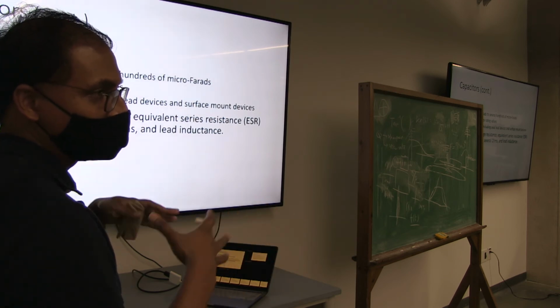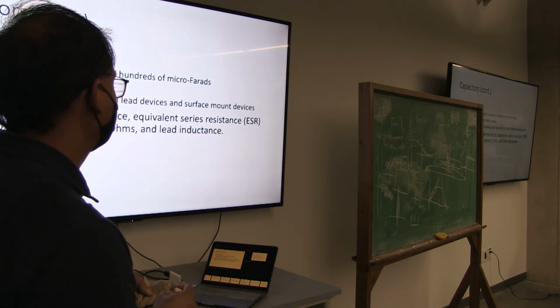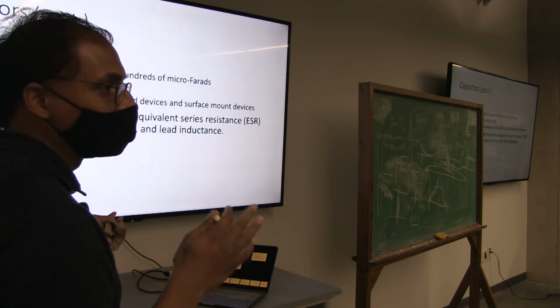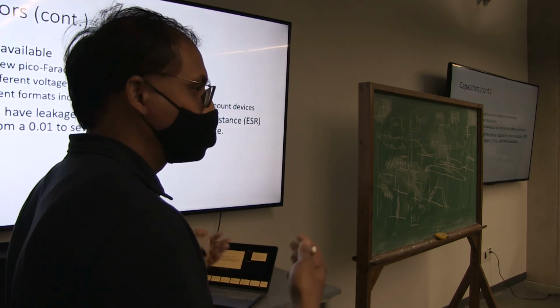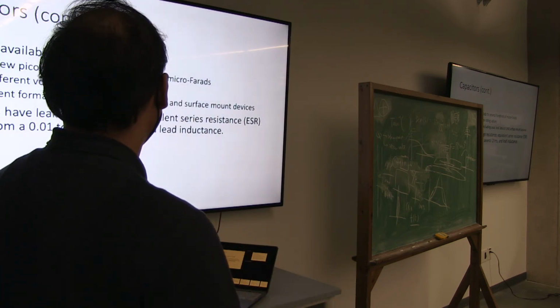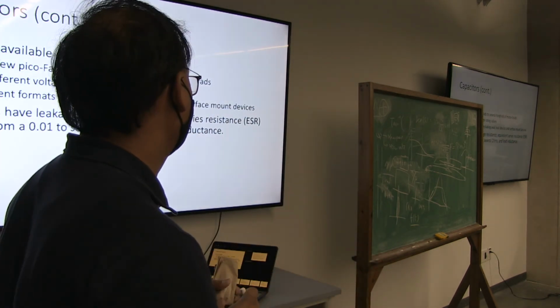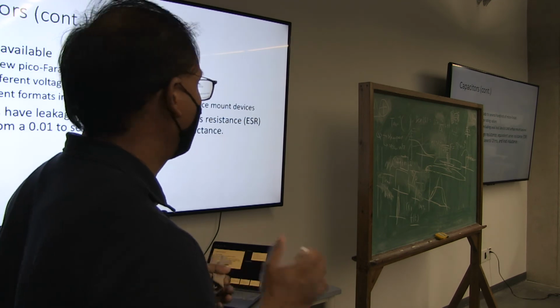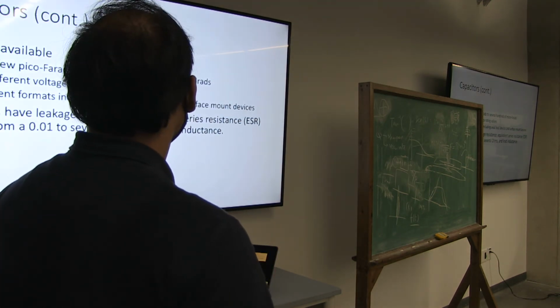In an IC situation, whenever we're designing an integrated circuit on silicon, a couple of picofarads is a pretty high value. In today's technology, they even use 1 femtofarad kind of values, and on board it's very common to see microfarads of capacitance depending on the application.